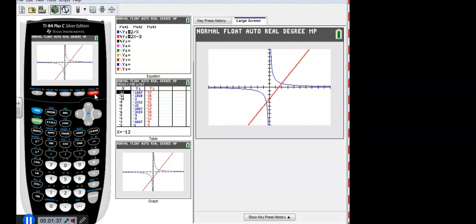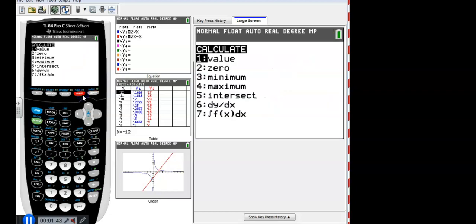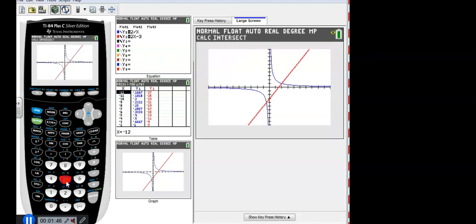Recall to find the intersection points between the red and the blue equations, we would go second, trace, number 5, intersect. It's asking us first curve to make sure we're on one side of the first curve, and we hit enter. Then it will jump automatically to the second curve, and it's going to calculate the intersection between those two points.